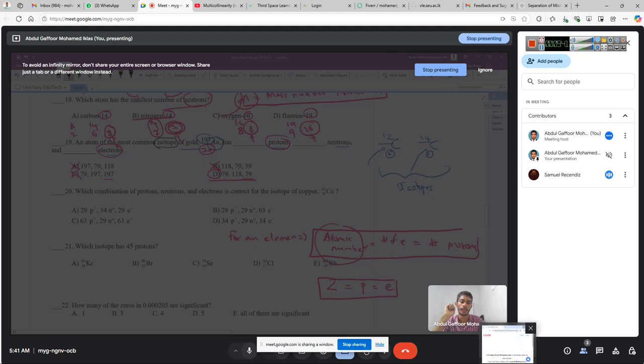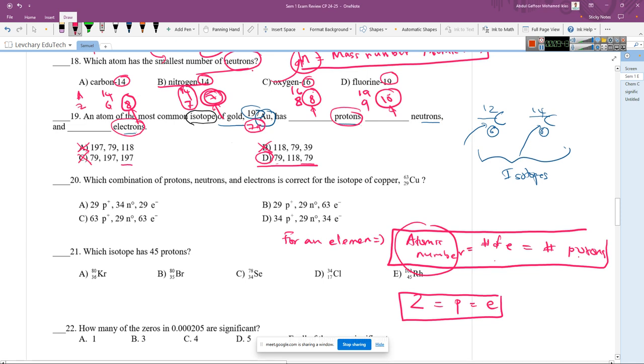So that's how we got it, by subtracting. The number of neutrons is equal to A minus Z. So 197 minus 79 is equal to 118. So here in the middle we have 118. That is the number of neutrons.